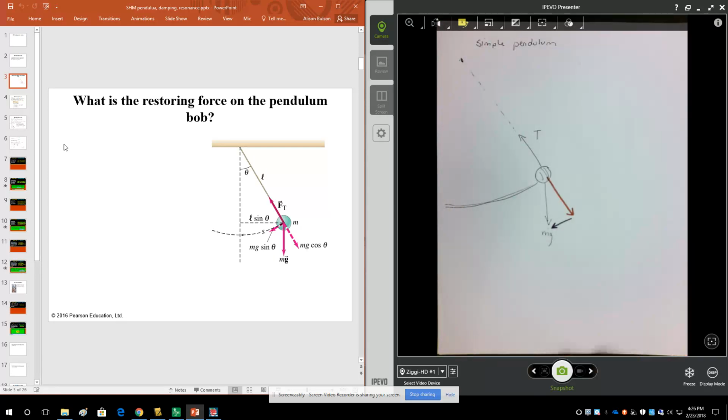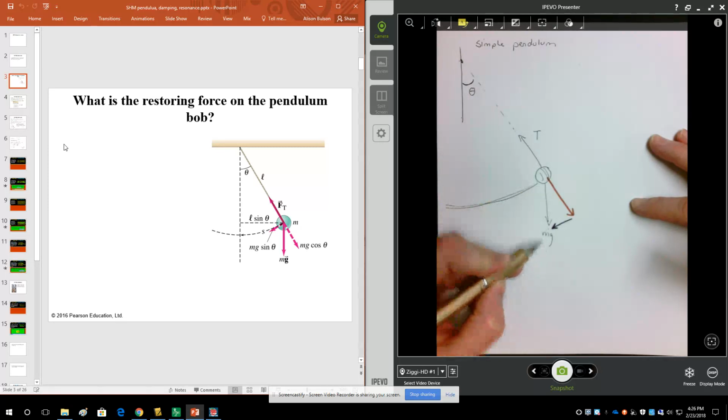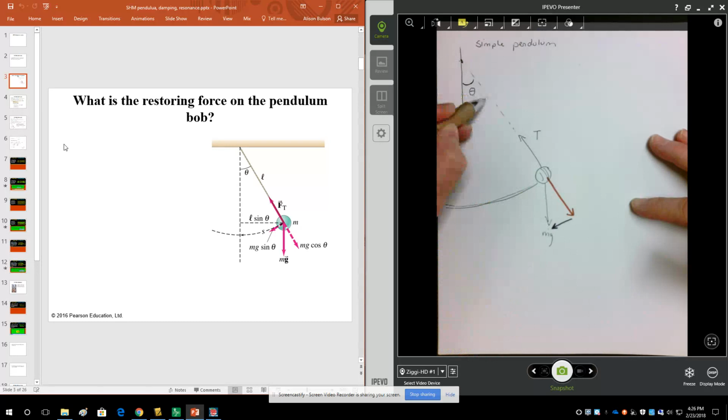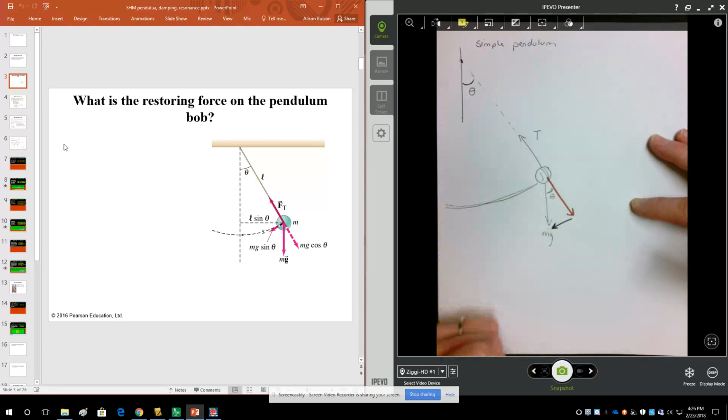So we want to confirm the angle, our angular displacement of the pendulum bob measured from equilibrium. So where the pendulum would hang straight down when it was not swinging, there's theta. And then here I have a parallel line to that, straight down mg. Here's theta on my string. Here's my string continued, theta here.